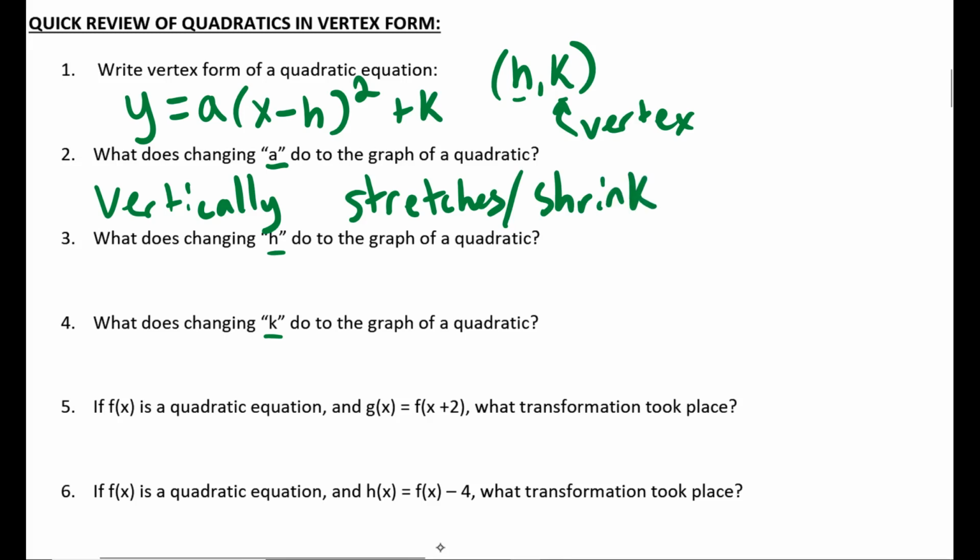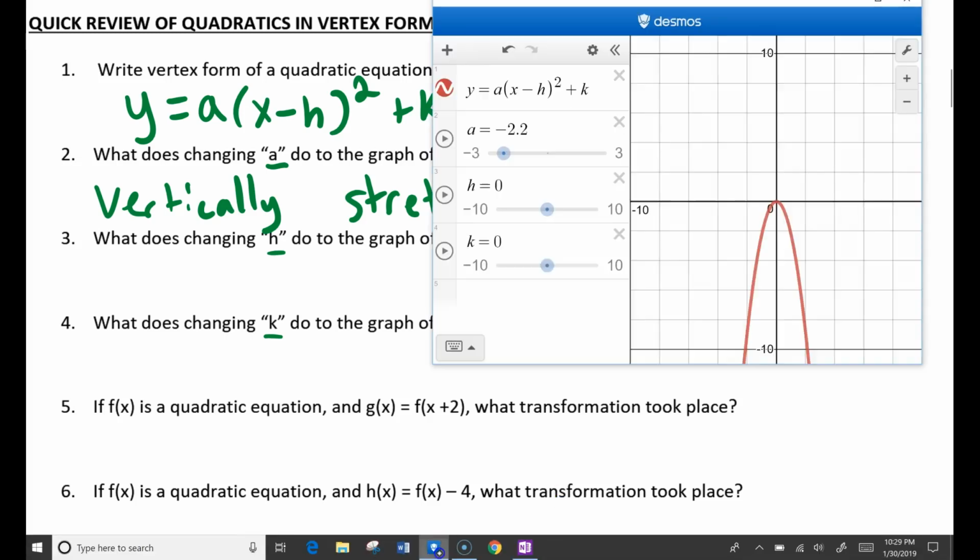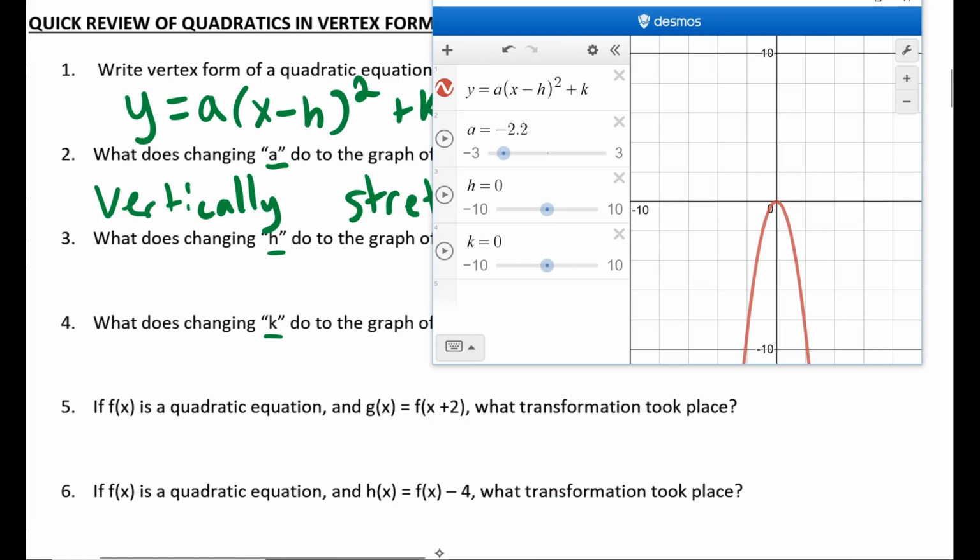For the h value, well, we already know that represents the h coordinate of the vertex. But if we think about how that affects the placement of the parabola on the plane, if we increase h, it moves to the right, and as we decrease h to make it a negative number, it moves to the left.